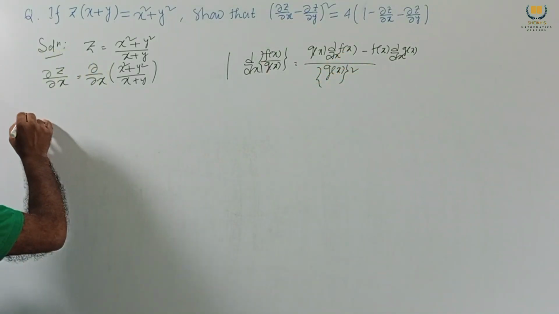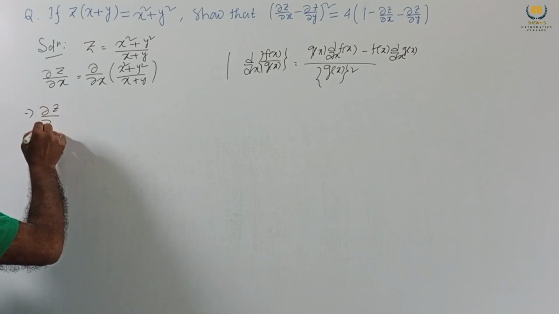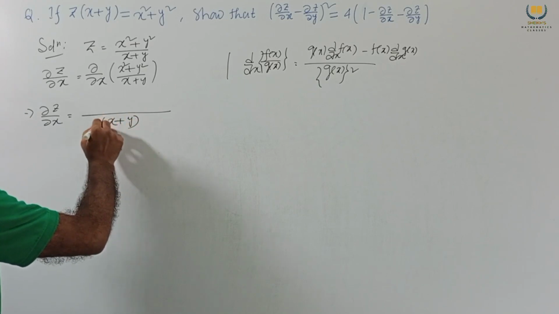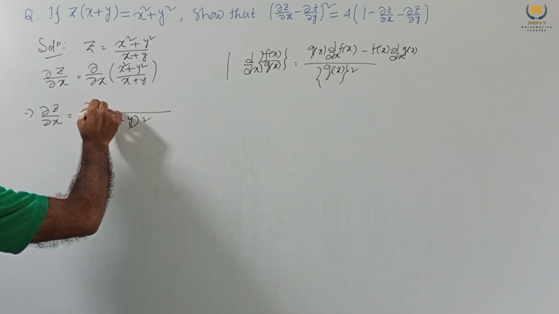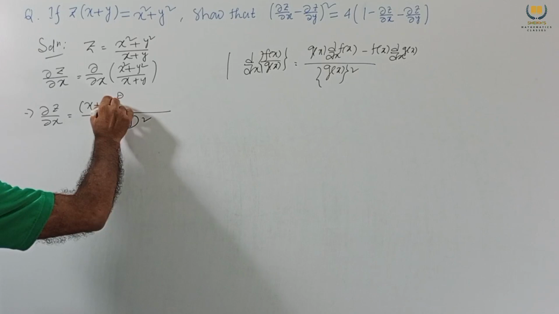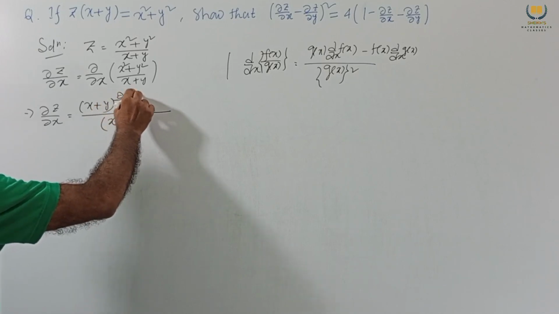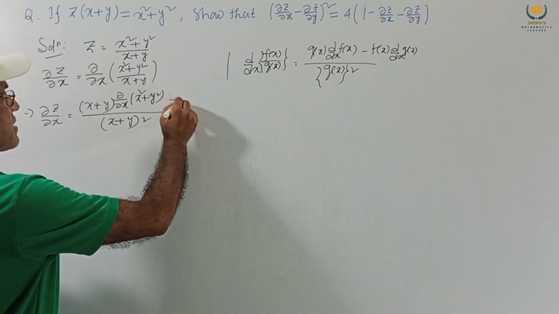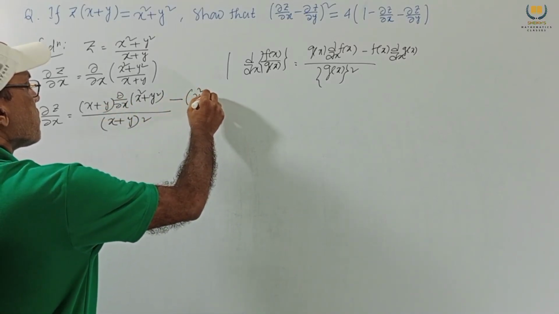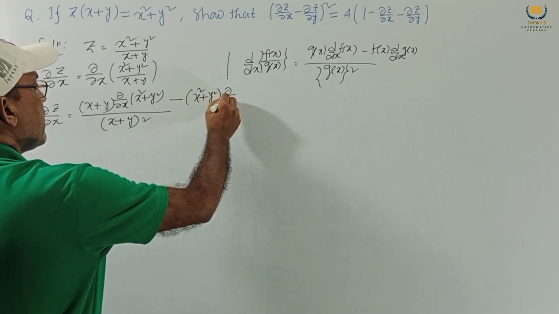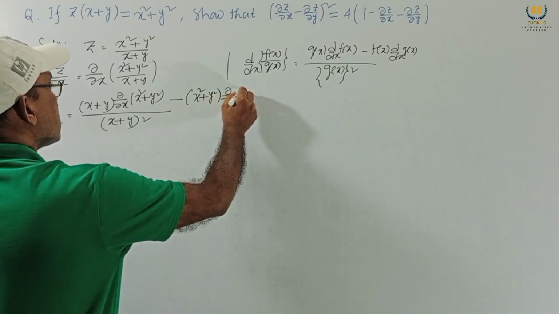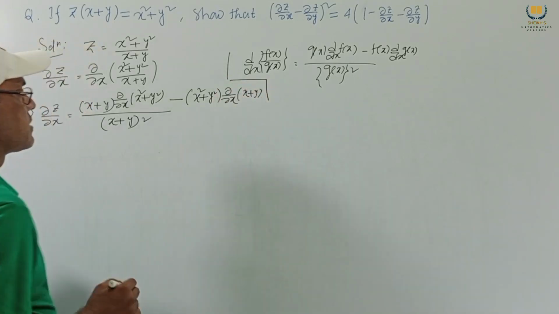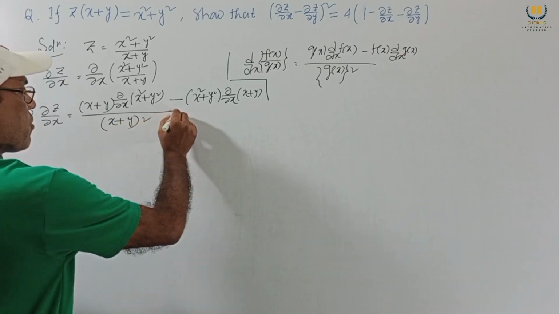Now using this quotient rule we get del z/del x equals (x plus y) times del/del x of (x square plus y square) minus (x square plus y square) times del/del x of (x plus y), all over (x plus y) whole square. By the quotient rule we get this.